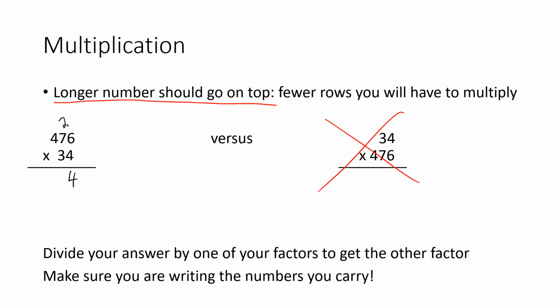And then we'll do across here, 4 times 7. 4 times 7 is 28. We'll add that 2. 28 plus 2 is 30. Write down the 0. Carry the 3. And then we'll keep going. 4 times 4 now. 4 times 4 is 16. 16 plus 3 is 19. And because there's nothing to carry to over on the left, we're just going to write down that 19.